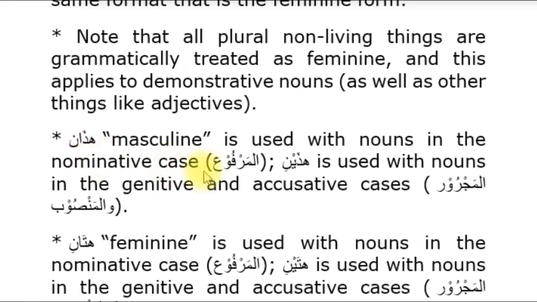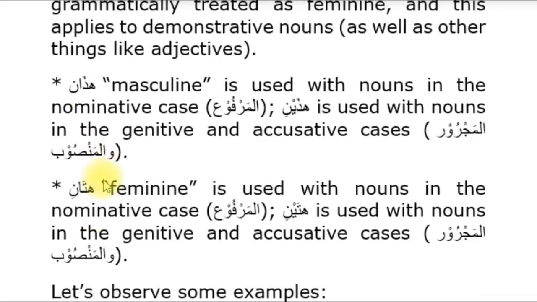We call this مرفوع. هذين is used with nouns in the genitive and accusative cases. المجرور genitive, المنصوب accusative. Note that هذان is for the dual masculine form.